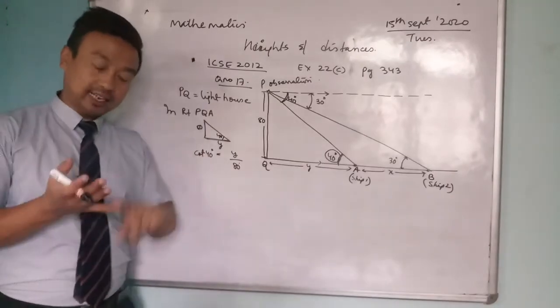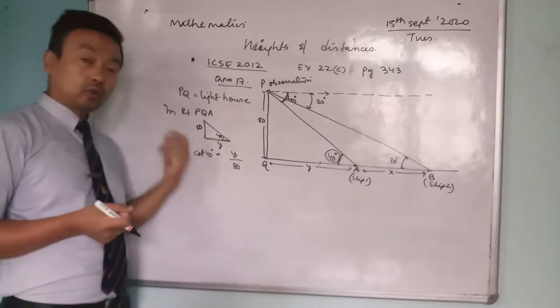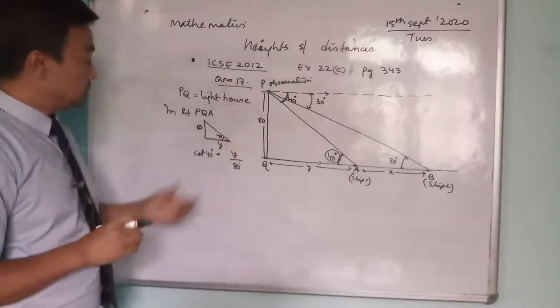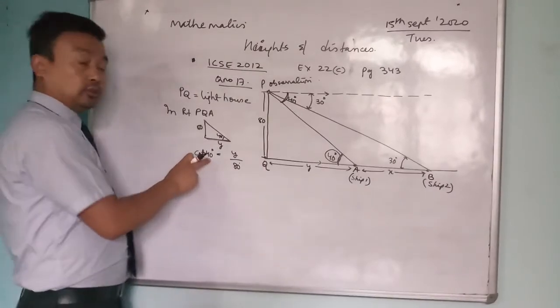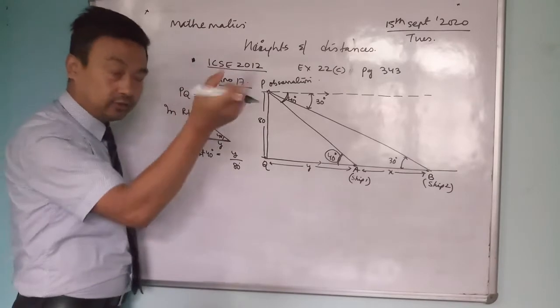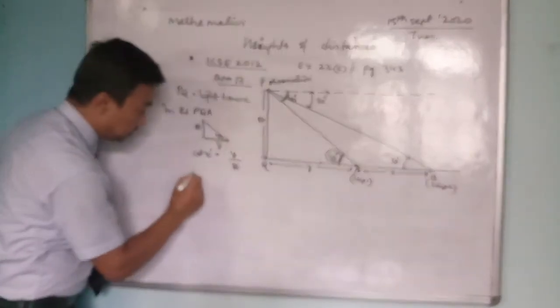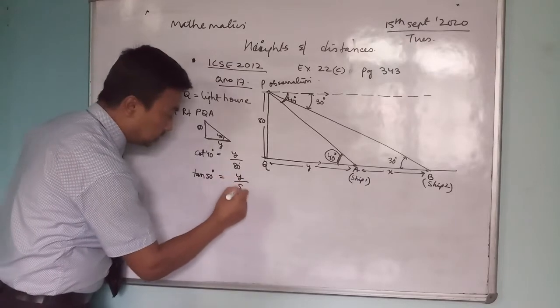We have only sine, cos and tan. So you have to convert this cot into tan, using the complementary angle. What is the complementary angle of 40? 40 plus 50 is 90. So you can convert this like this: tan 50 degree equals y by 80.